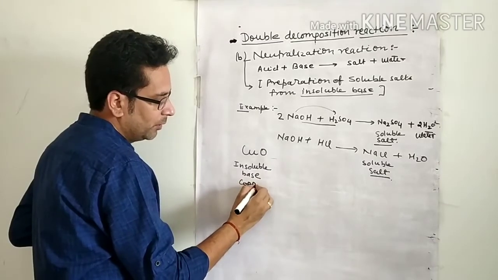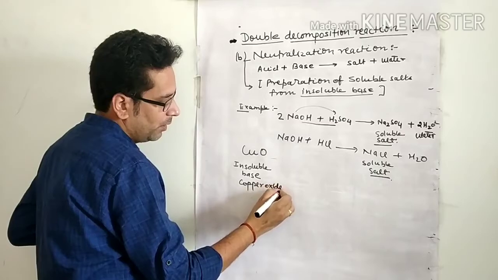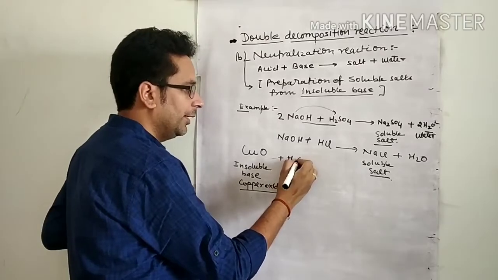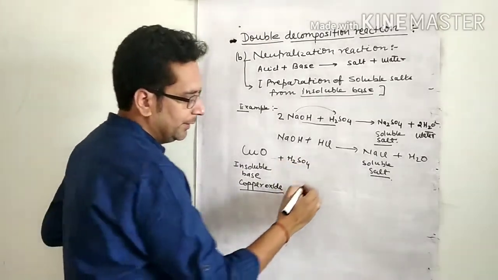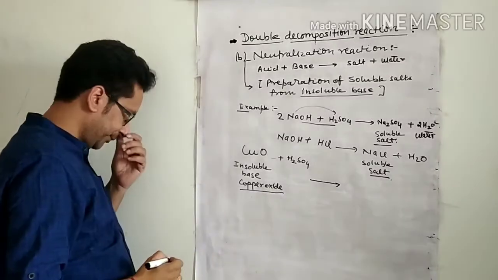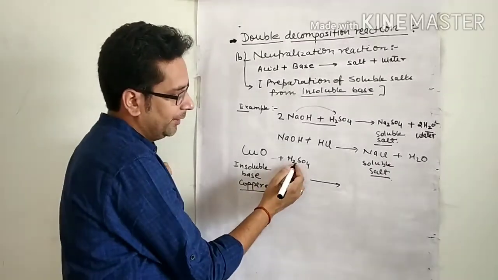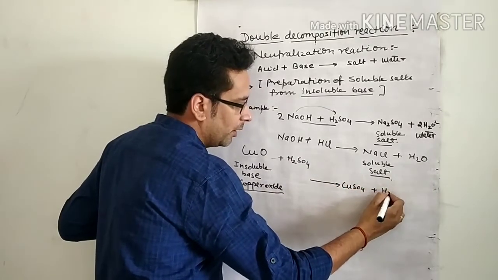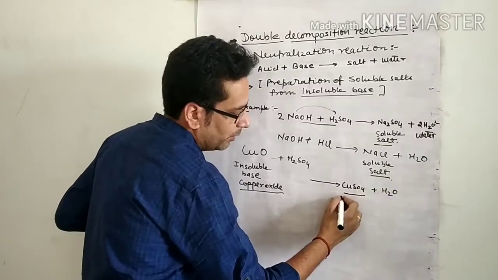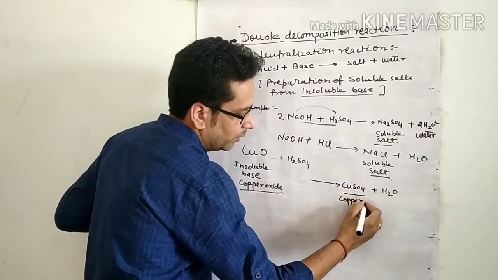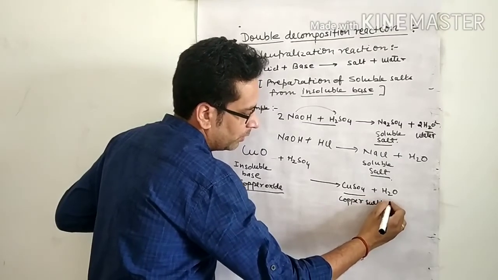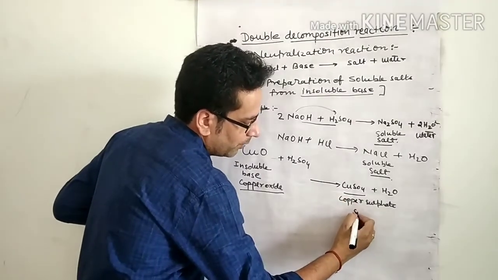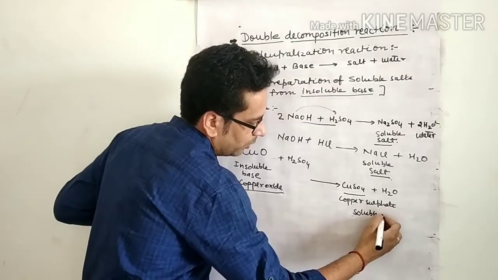Copper oxide, when it reacts with H2SO4, then there is formation of copper sulfate, CuSO4, and water, and this copper sulfate is a soluble salt.